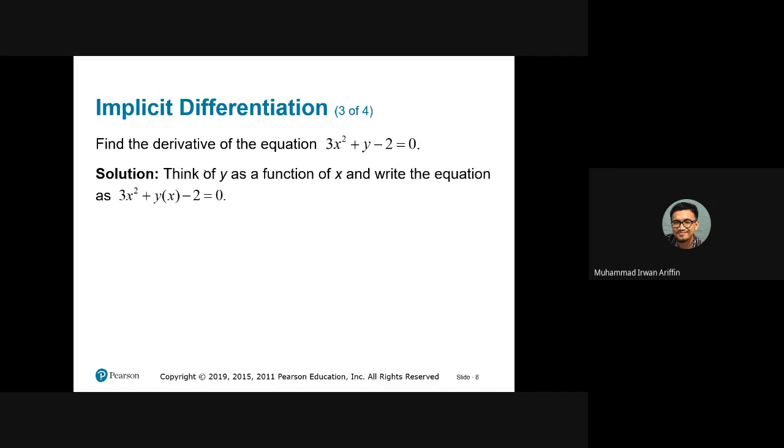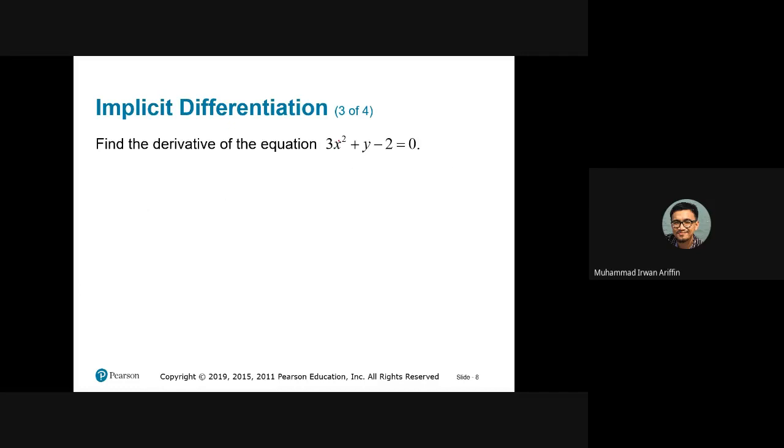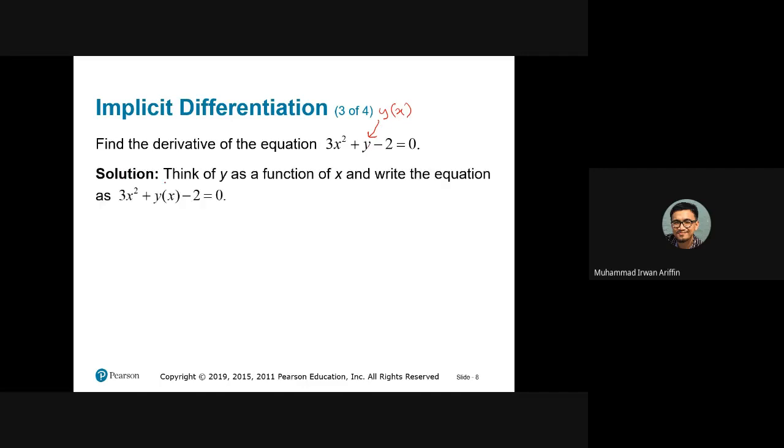To find this derivative, we have to remember that this y is a function of x. There is an x inside here, because y is the dependent variable. It depends on x. So if you want to find the derivative, when x changes, of course this term will change.